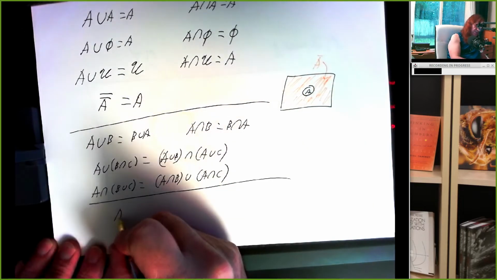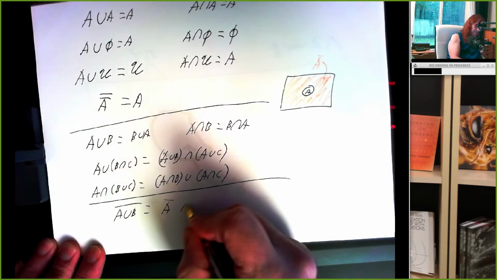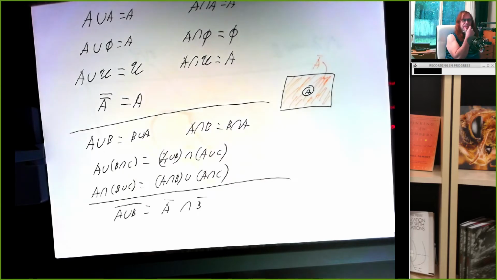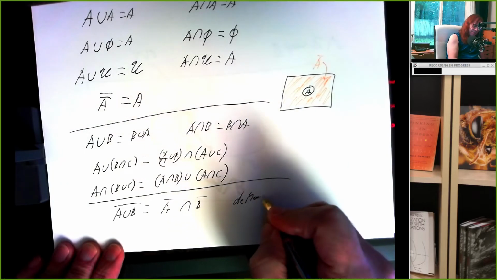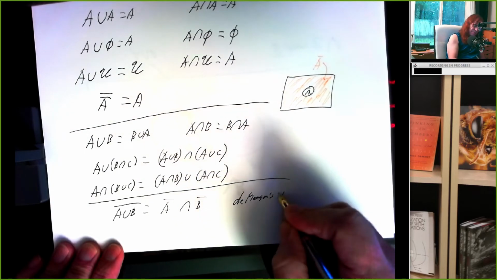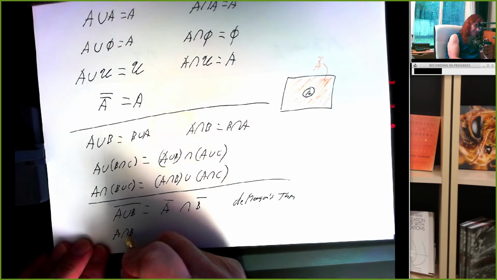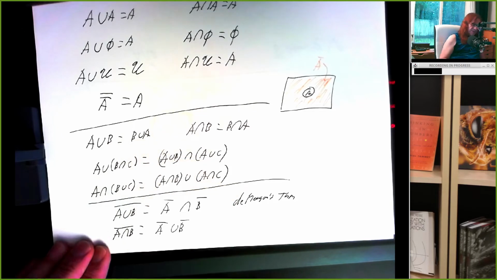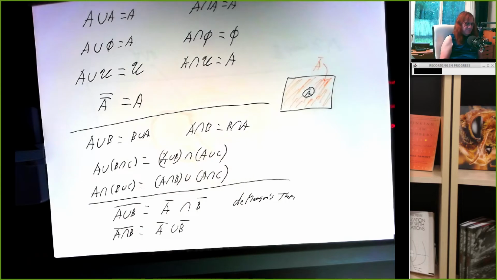All right, here's a showstopper. Anyone remember this? De Morgan's theorem. Use it all the time at work. Great. Cool. De Morgan's theorem, and there's two versions of it. It says the complement of the union is the intersection of the complements.